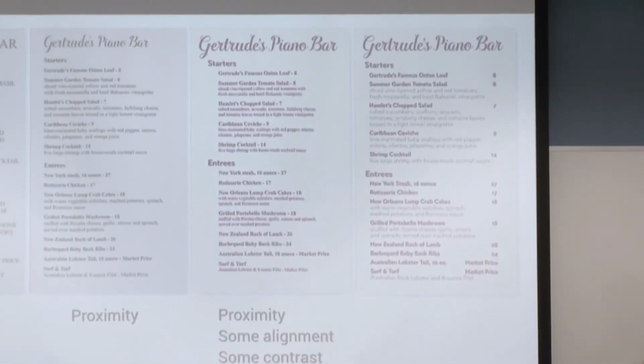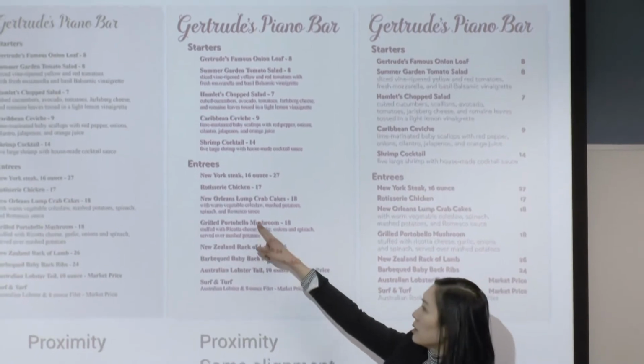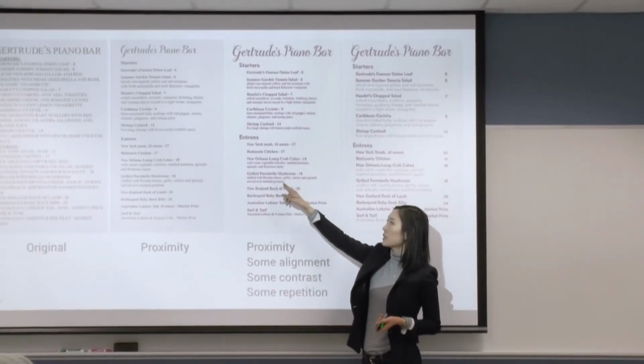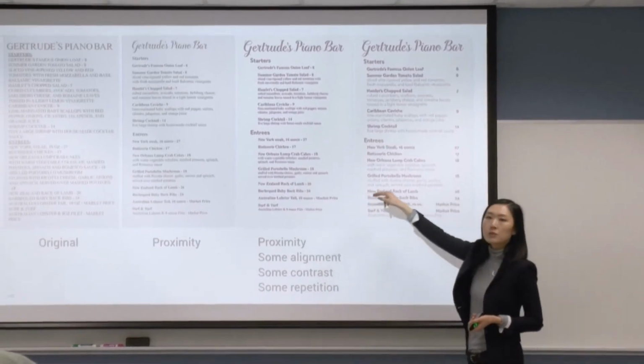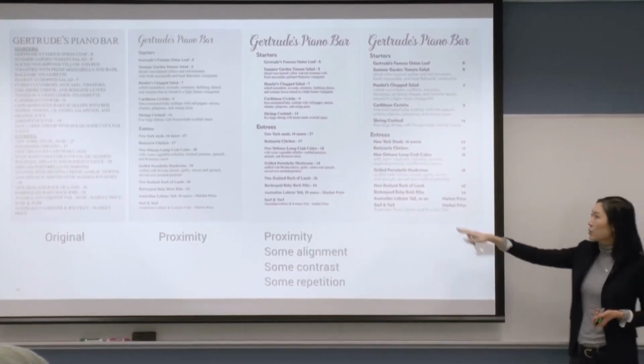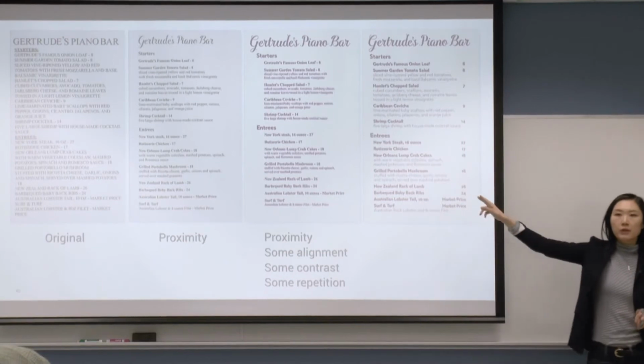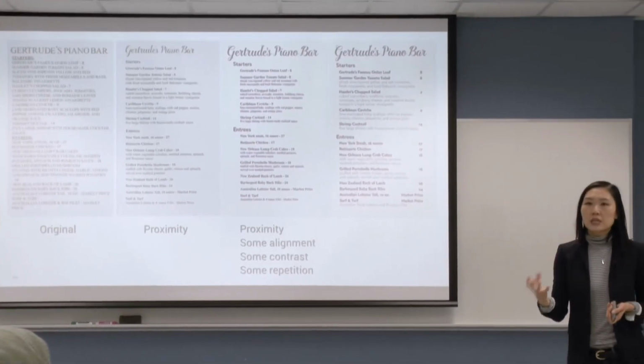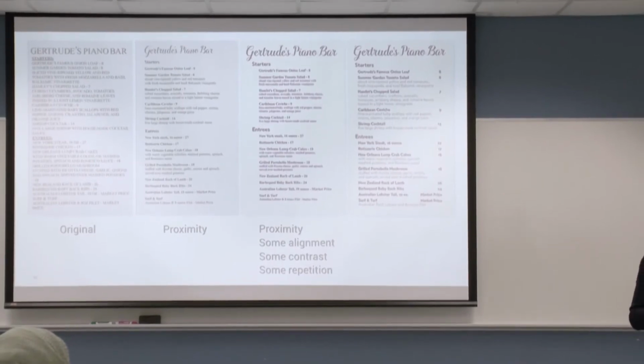A couple of different things. Someone said, okay, this color here, maybe the color is not an issue, but simply because the contrast is a little bit too similar. So maybe I choose a much lighter typeface where I can make the actual name of the dish pop out a little bit more.